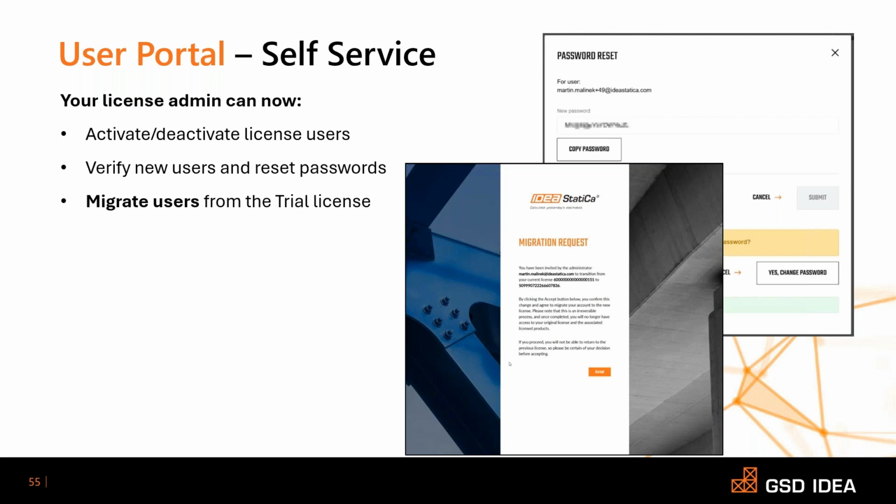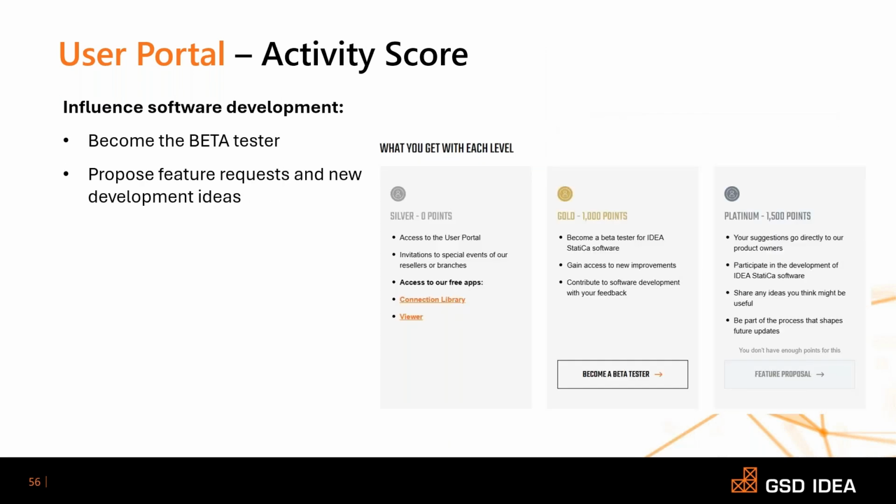And very importantly, maybe you experienced that if you used a trial sometime in the past and then wanted to use a commercial license of StatiCa, you might get an error message because your email was associated with that old trial license. Now it can be done seamlessly. Just a click of a button and the admin can migrate the user from trial license to commercial very quickly.